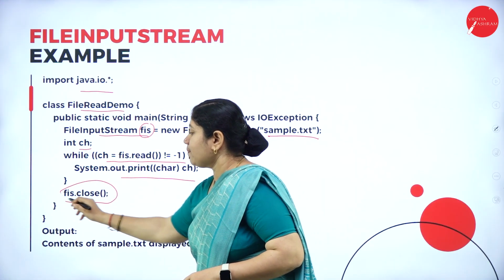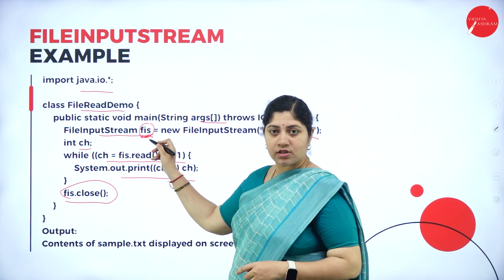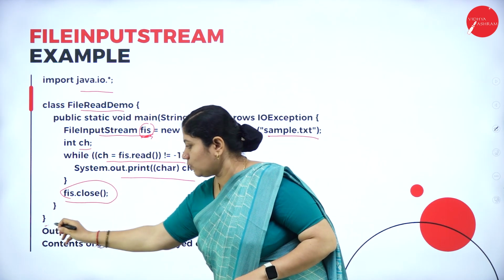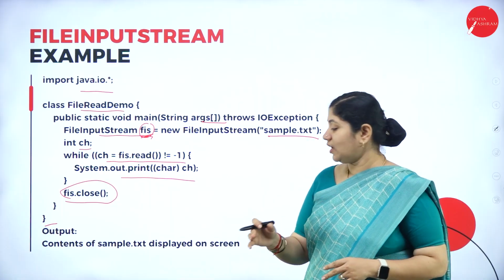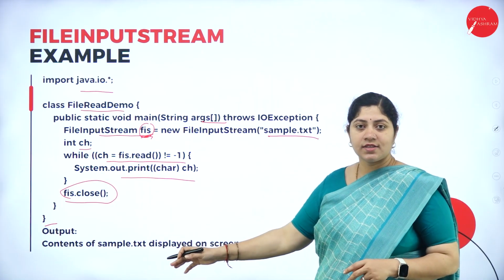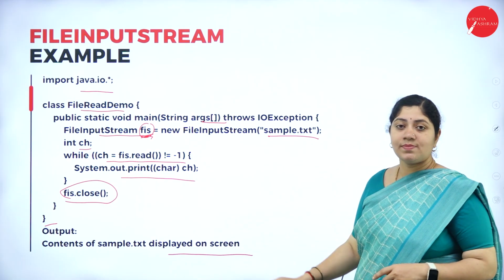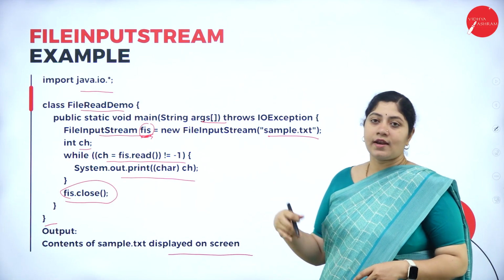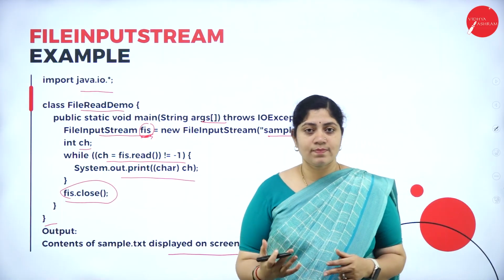Up next we need to close the file that we have initiated, that is fis. Then close the loops. Once the execution is completed, in the output we will get the sentence saying the contents of sample.txt are displayed on the screen.